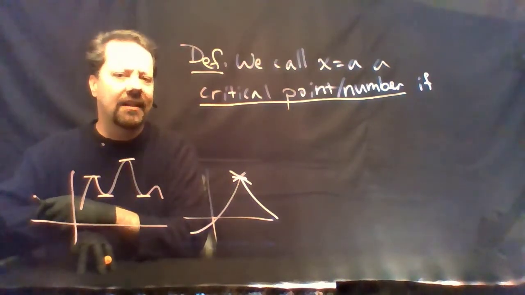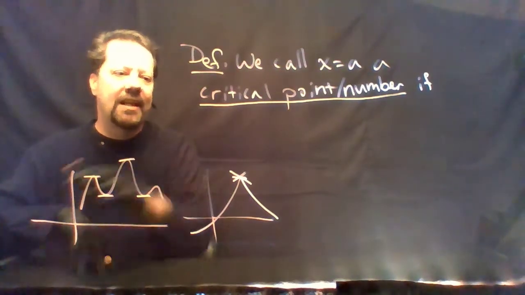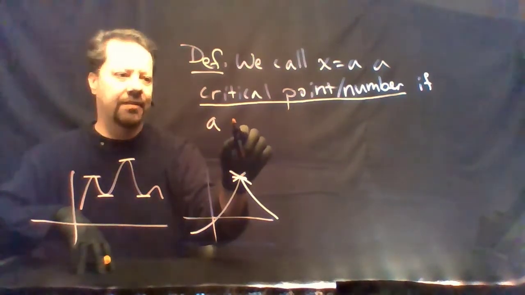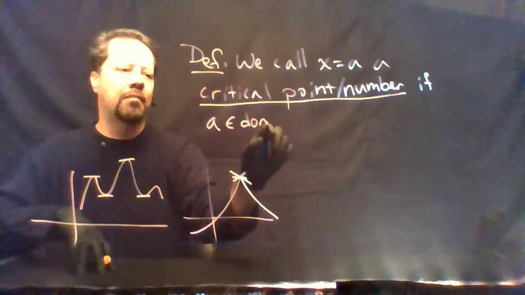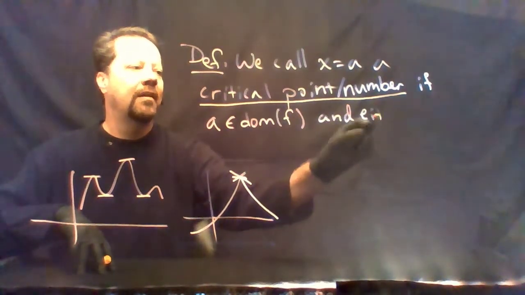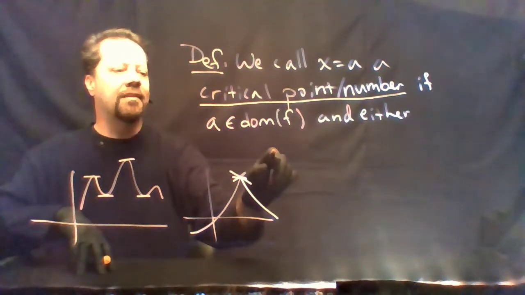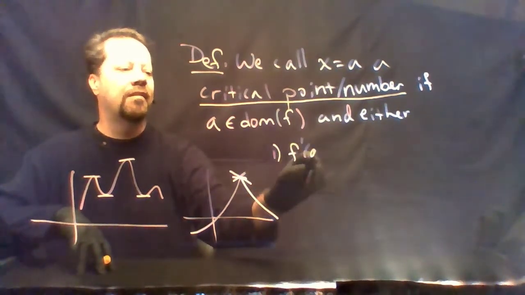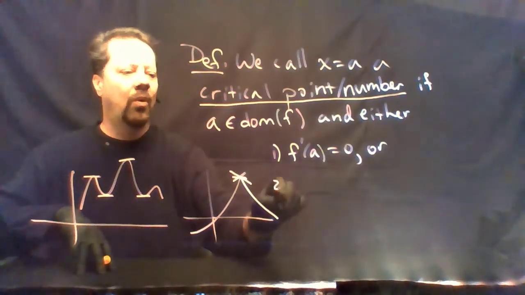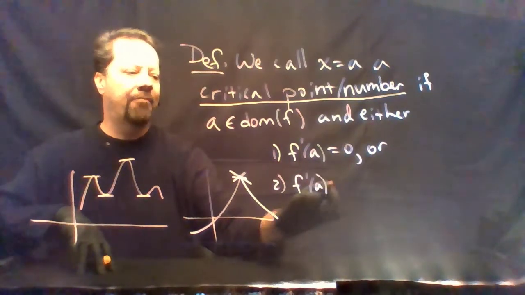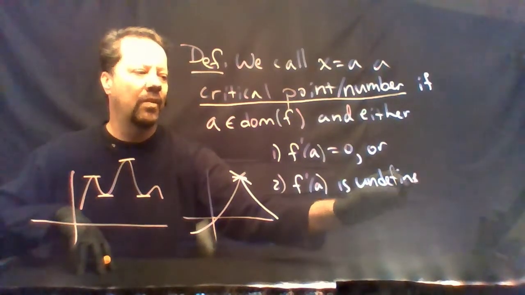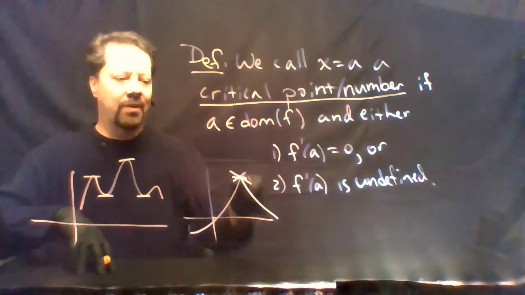If, and technically there are 3 conditions, we need A to be in the domain of the function, and either f prime of A is 0, so the slope is 0, or f prime of A is undefined, or does not exist, one way or the other.